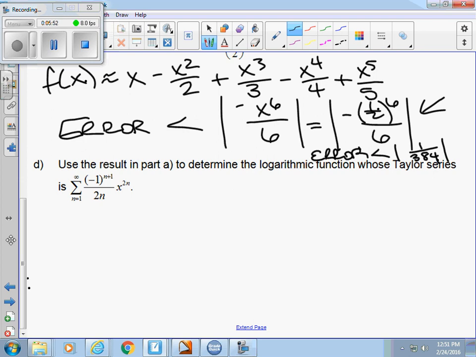What would be a good idea to start this problem? Break it up. My recommendation would be to look and see what this looks like.